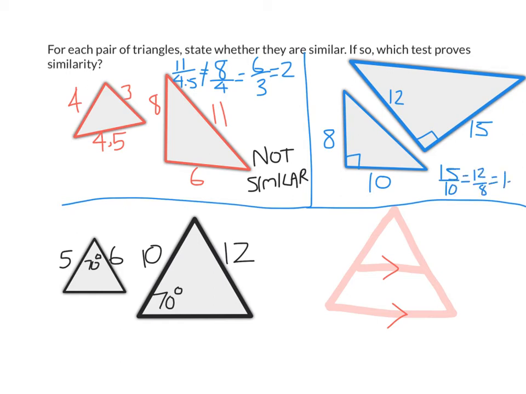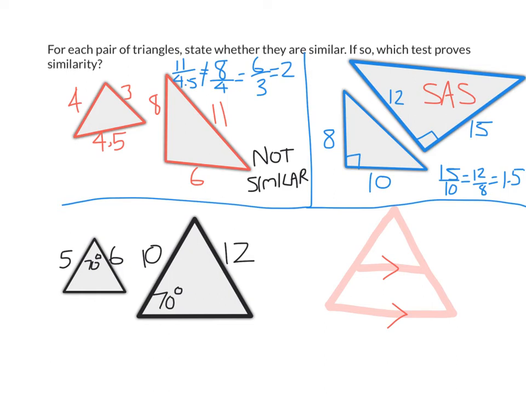So the scale factor is consistent between the pair of sides. But this angle is the angle between the two sides. We can't use the RHS test because we don't have the H, the hypotenuse. So these two triangles actually satisfy the SAS test, therefore they are similar.